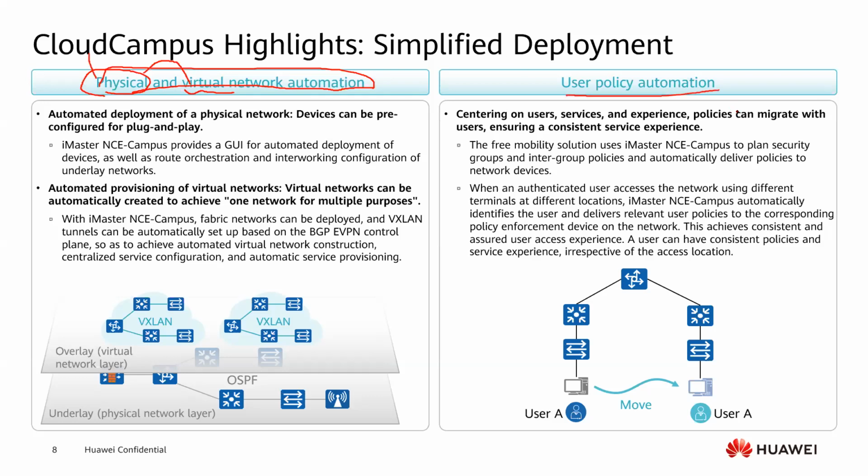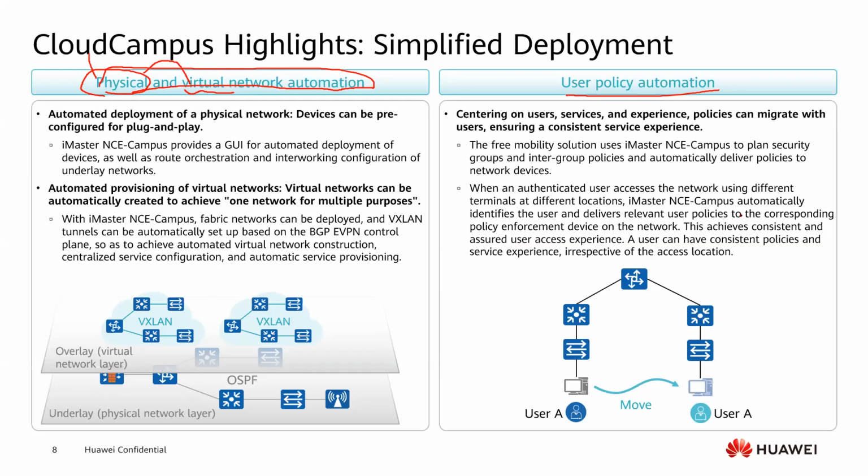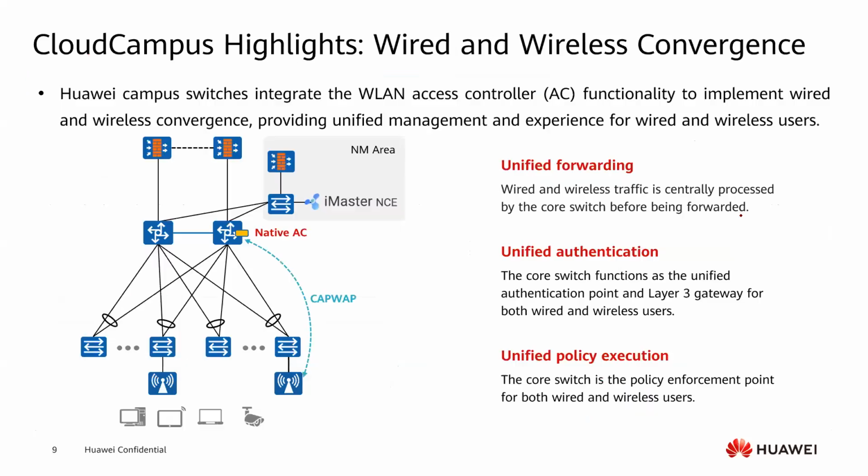Also for user policy automation, using the framework we just introduced on the last slide, we create security groups and the policy control matrix, and deliver this information to the devices to do the user policy control. It can also converge wired and wireless control by integrating user authentication, user management, and policy association functions.